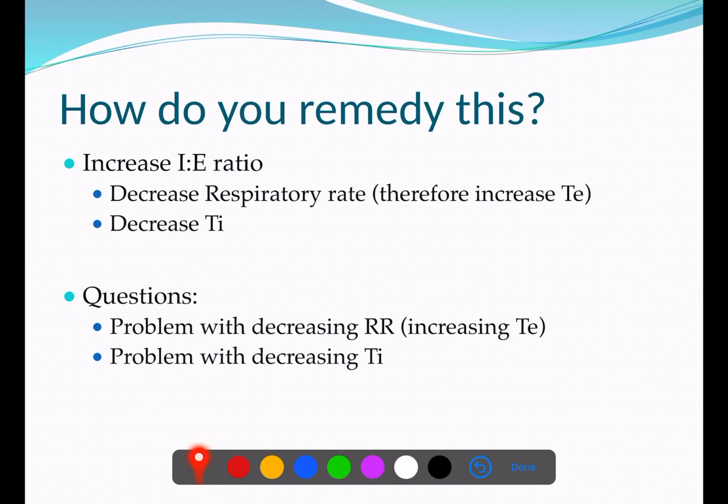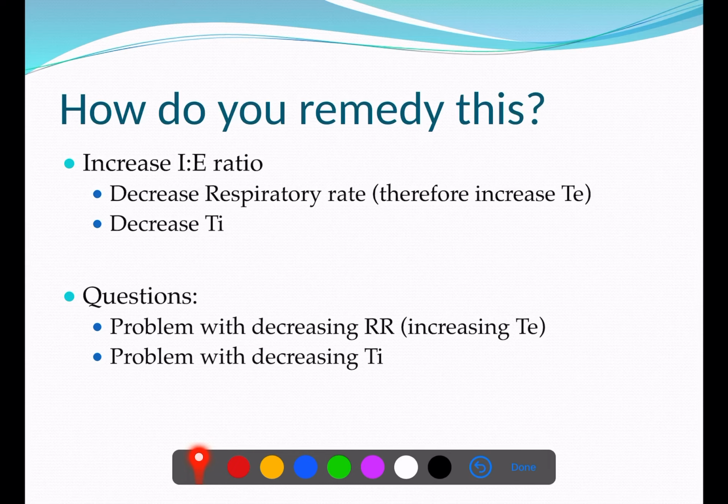So now, if you've got 0.5 to 2.5, your I to E ratio, if you get that to a 1, that's 1 to 3. You've extended your I to E ratio from 1 to 2 to 1 to 3. And that might be enough time to allow full expiration of the gas.